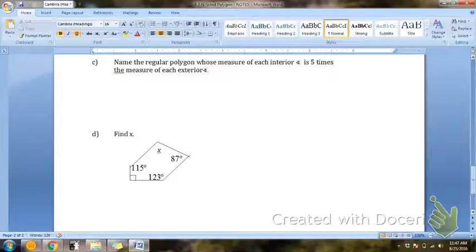I need to find out the sum of the interior angles. How do we do that? The sum of the interior angles. Number of triangles times what? 180. How many sides did I say there were? 5.